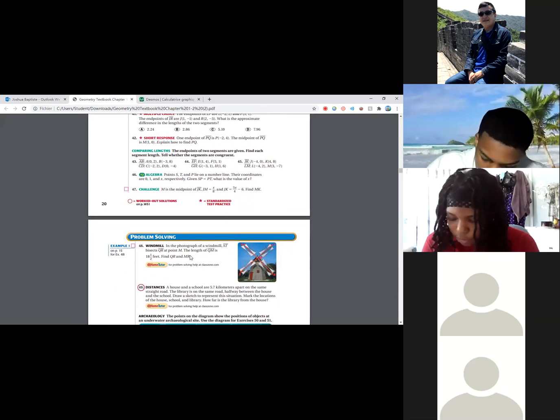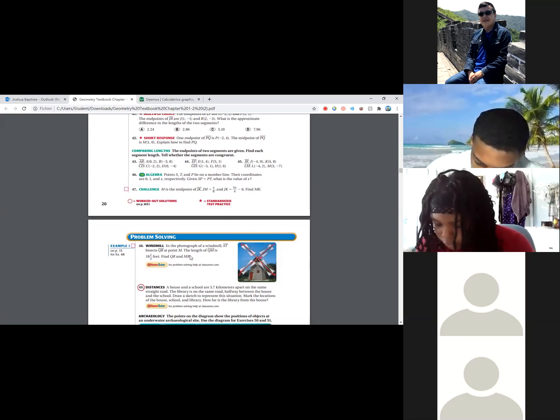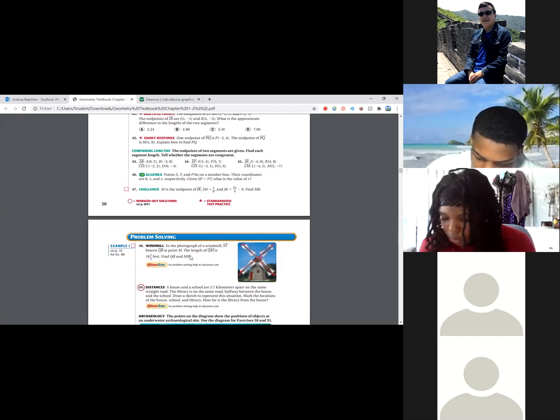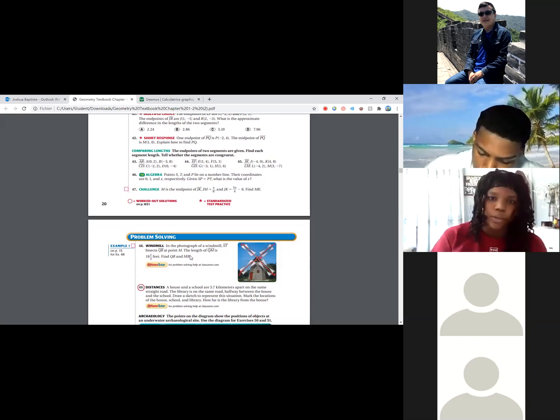Then x equals 3x minus 24. Then I minus 3x on both sides, and I got negative 2x equals negative 24. And I divided both sides by negative 2, and I got x equals 12, and then I plugged in the x, so JM will equal 12 over 8, which equals 1.5.